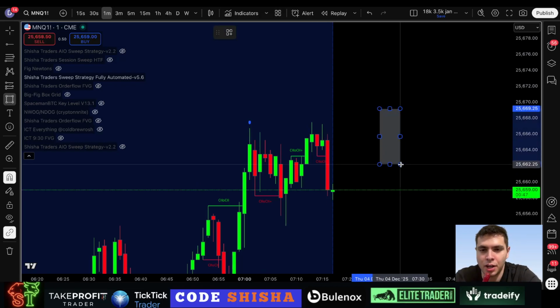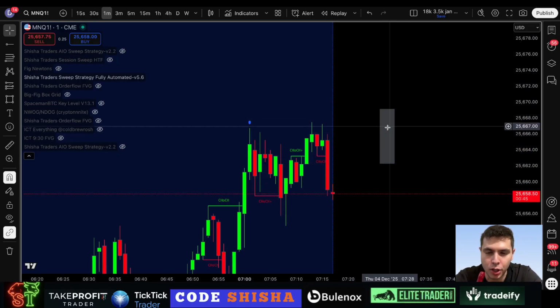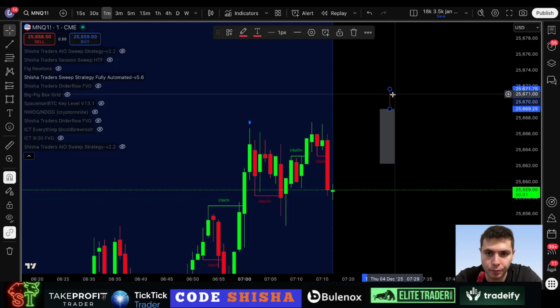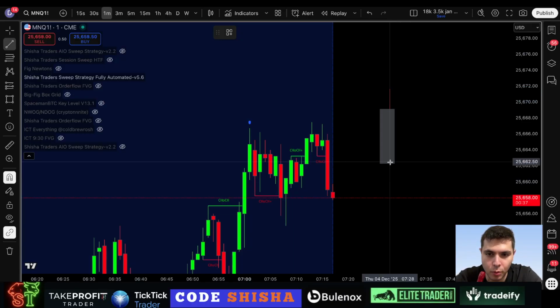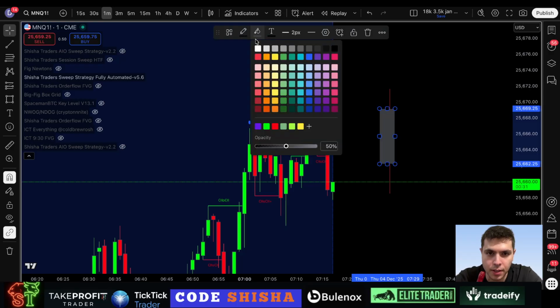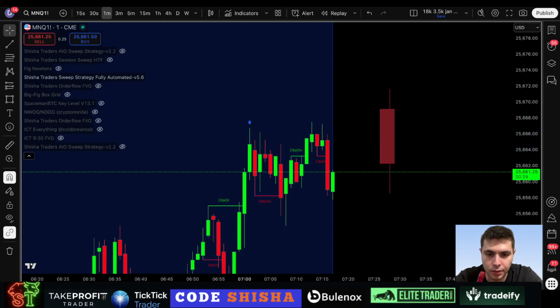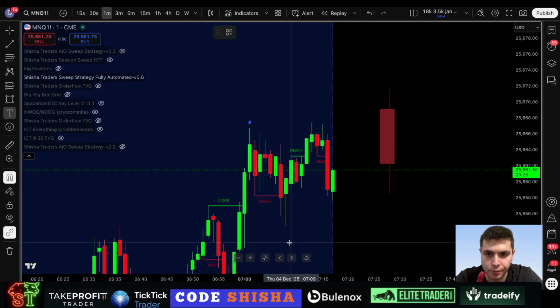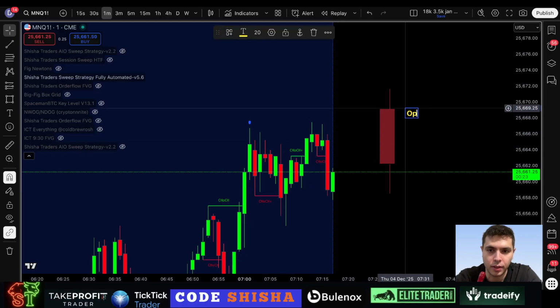So I think I should maybe draw this. So here we have the candle. We have a wick. We have a wick. Okay. So let's say this is a red candle. What this means is the market opened here.